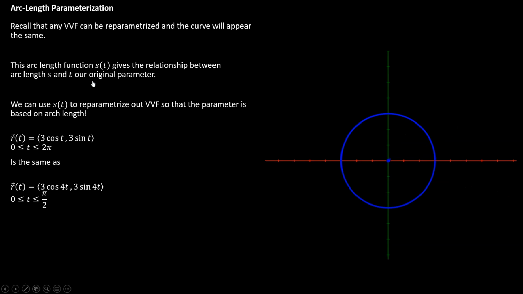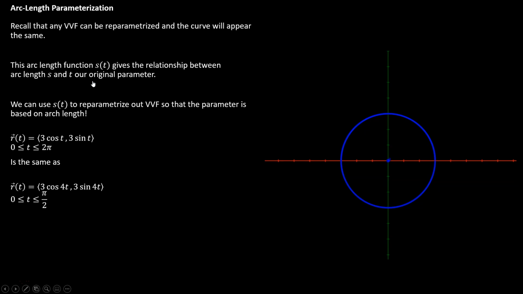This is a useful idea because we can reparameterize our function using this s of t function that we just created. Recall that when we first learned about vector-valued functions, we said that you can reparameterize the curve, but it won't change the curve's visual appearance in space.